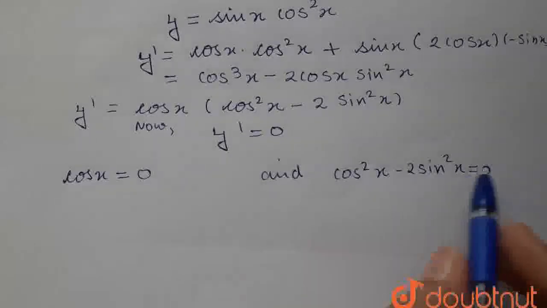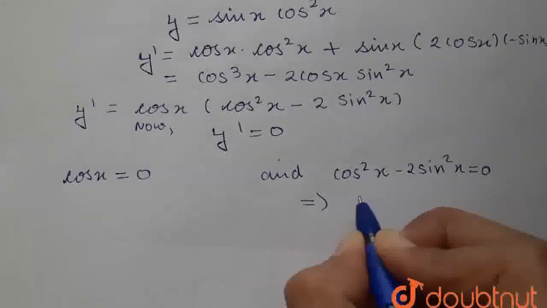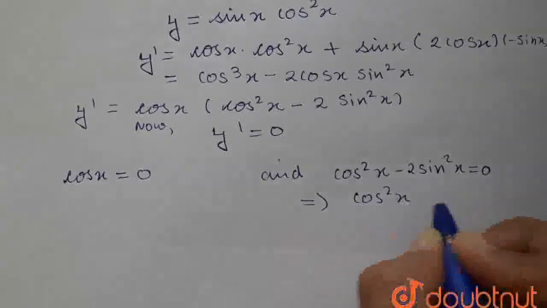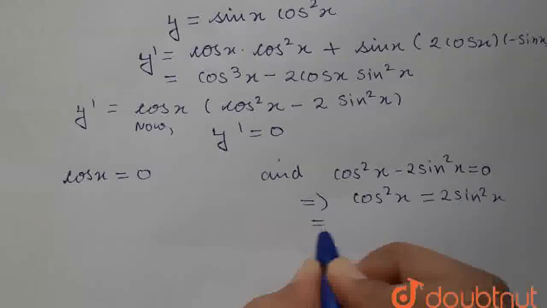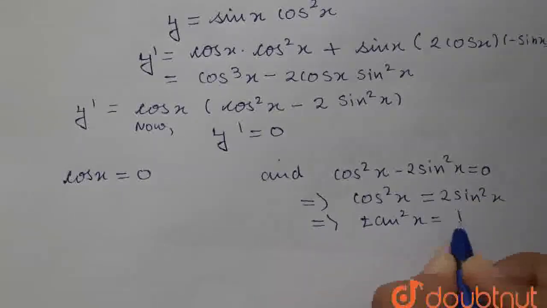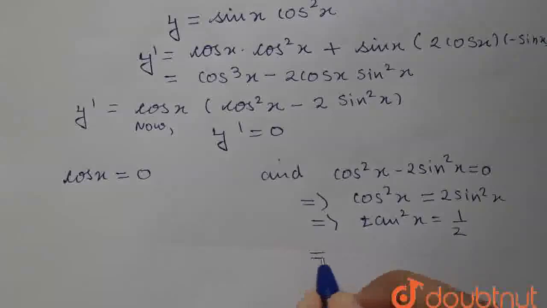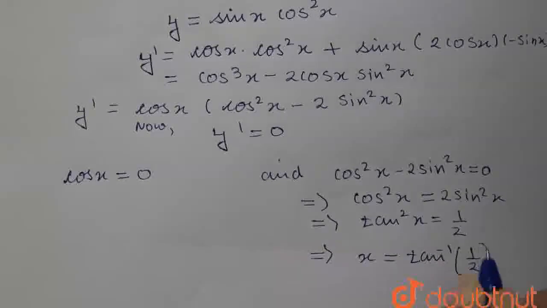So from here we can say that cos square x is equal to twice of sin square x, or we can say that tan square x is equal to 1 by 2, or further x is equal to tan inverse 1 by 2, and this whole thing we can assume to be alpha.